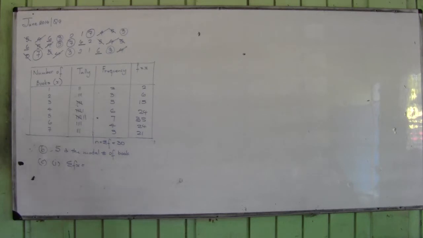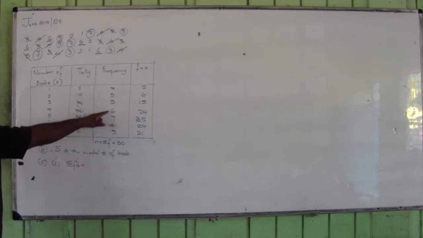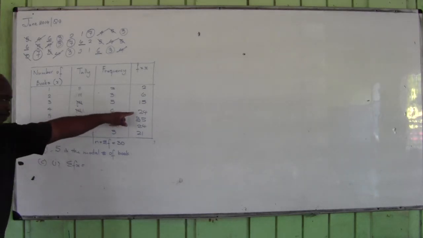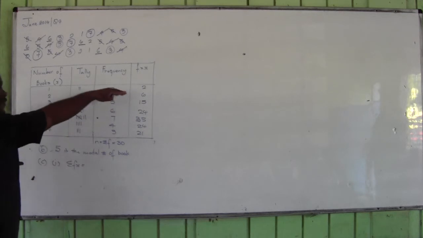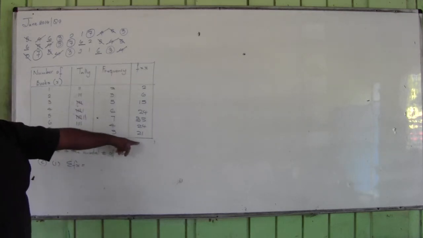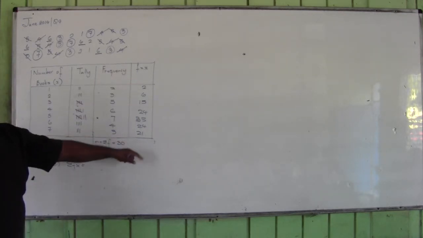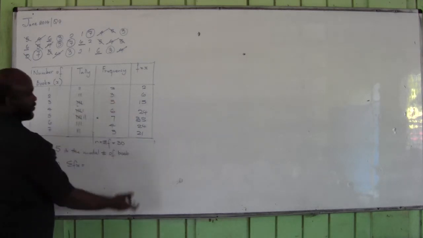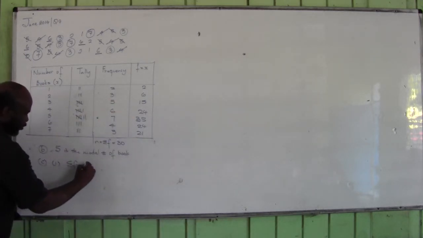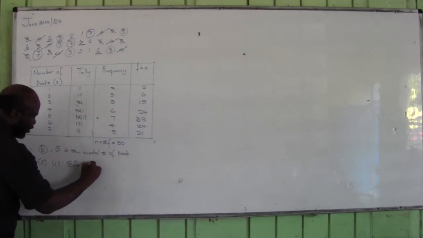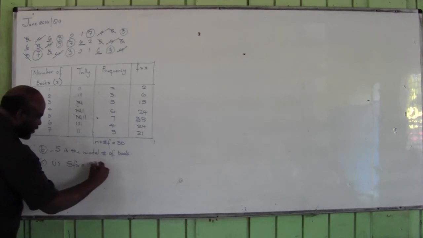You have got to be able to read the data. 4 books, 6 persons. If 6 persons have 4 books, how many books is that? 24. So if this is books, we add up all of them and get the total number of books. Add this up and tell me what you get. 127. The total number of books is 127 books.